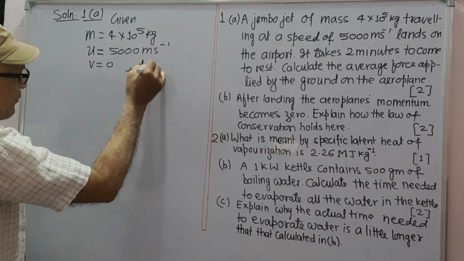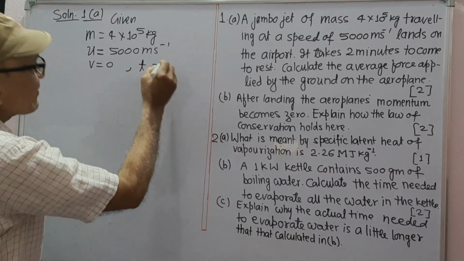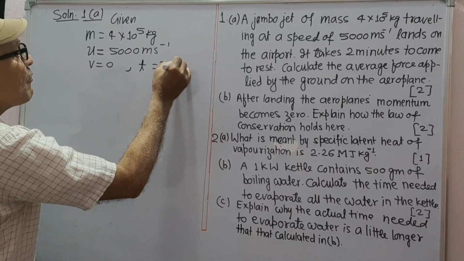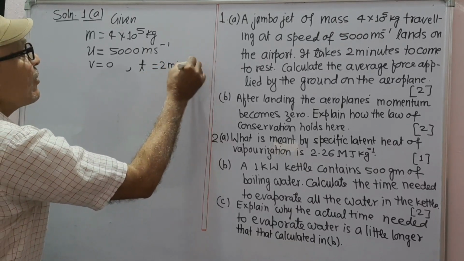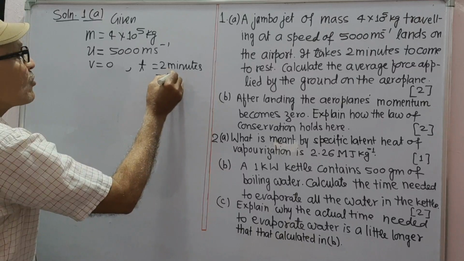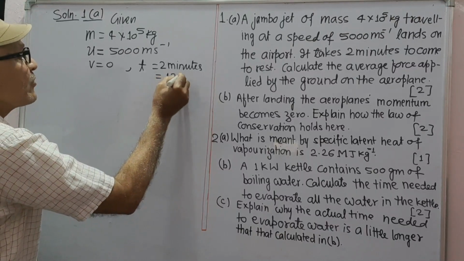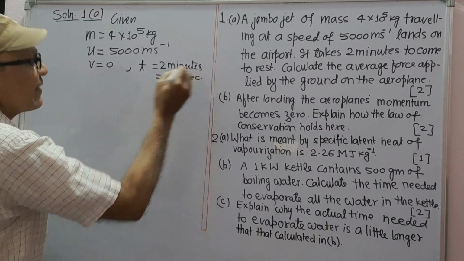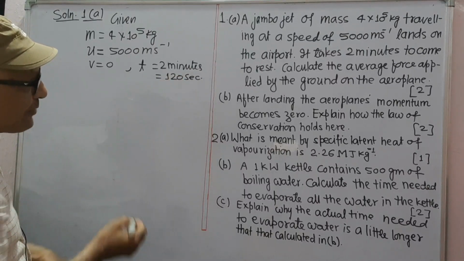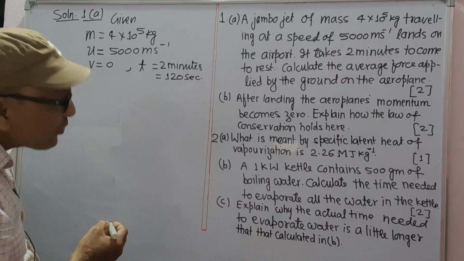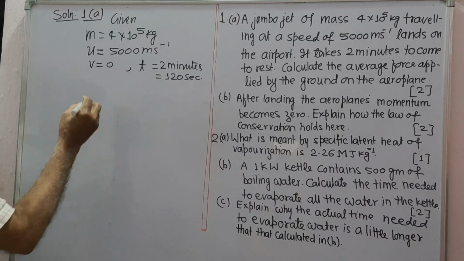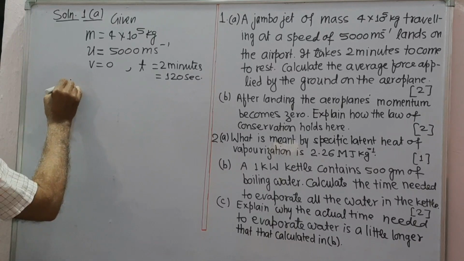Time taken is 2 minutes, which is 2 into 60, means 120 seconds. We have to find the average force applied by the ground on the aeroplane.